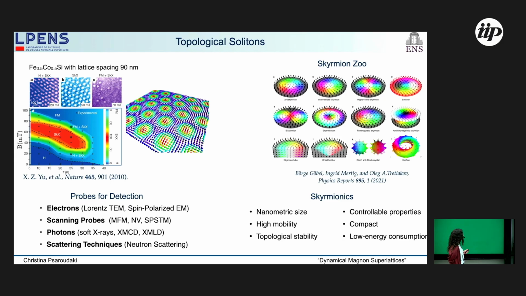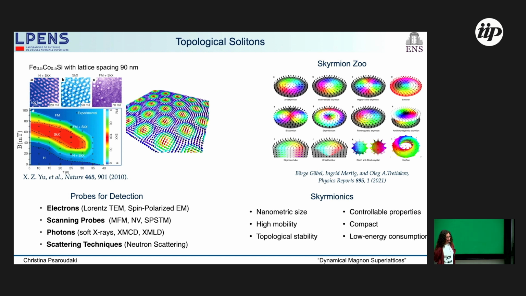Of course, once we increase the magnetic field a bit, we destroy the skyrmion lattice, and we can only realize a few isolated skyrmions here and there. They have been studied with a lot of probes, including electrons like Lorentz TEM, scanning probes like MFM or NV, photons (X-rays have the right wavelength), and scattering techniques.